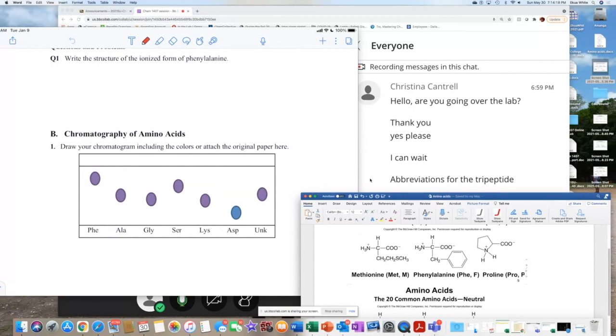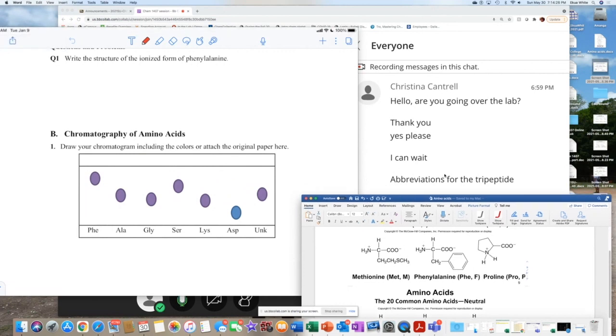So we'll kind of be jumping ahead to talk about that. But let me answer this part first here, and then we'll go through that. Because this is jumping ahead, it will not make sense right now. So let me answer this part because it doesn't have anything to do with what we're doing right now. And then I'll answer this part here, the abbreviation of the tripeptide, when we get to it.